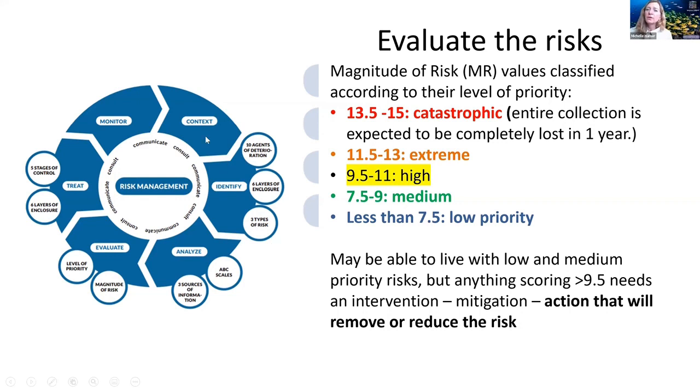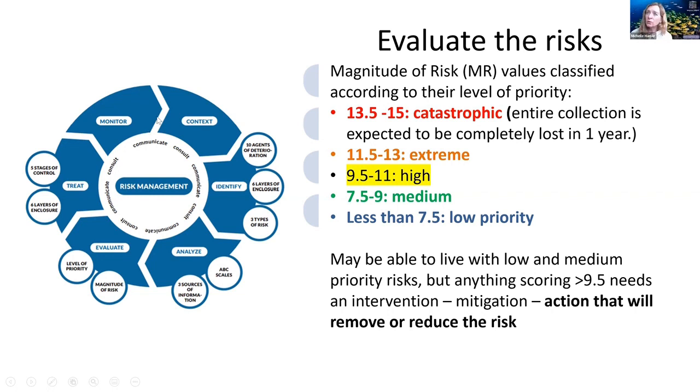So go back and have a look and just remember this wheel of risk management. We had to identify the risks, we had to analyze them and score them. We had to evaluate, so which ones are we going to tackle? And then we had to decide about treating them. And then we have to monitor whatever actions we take.